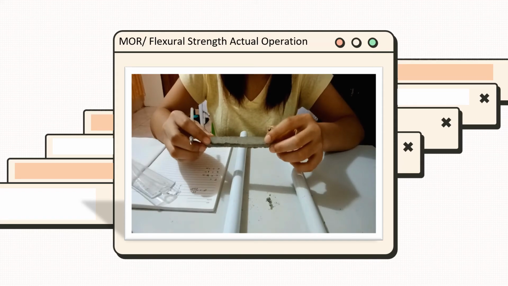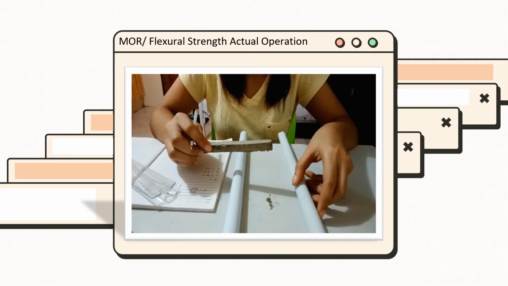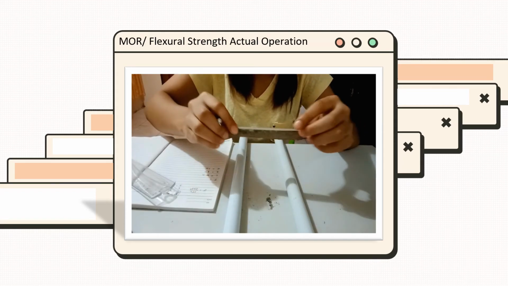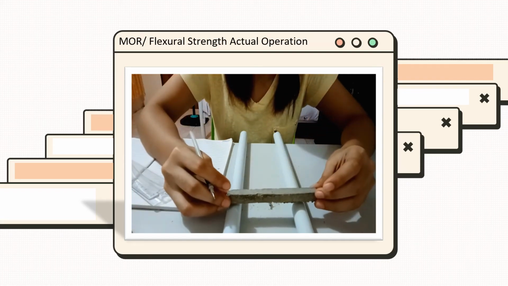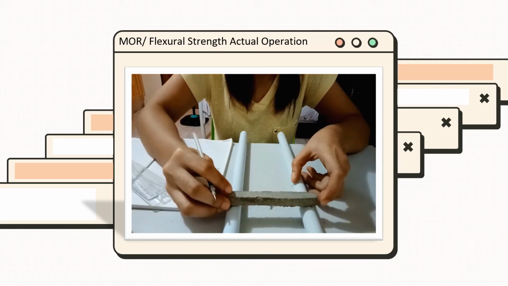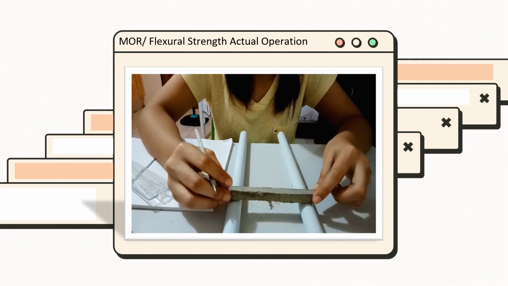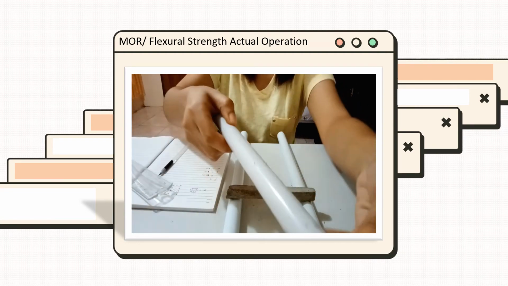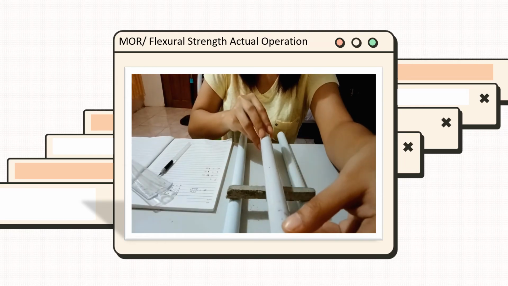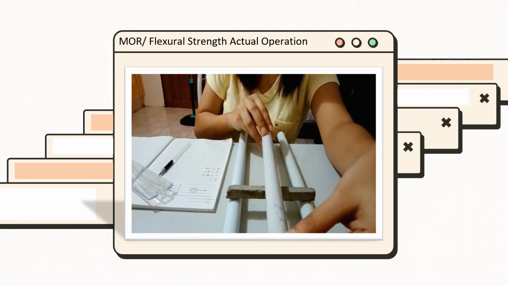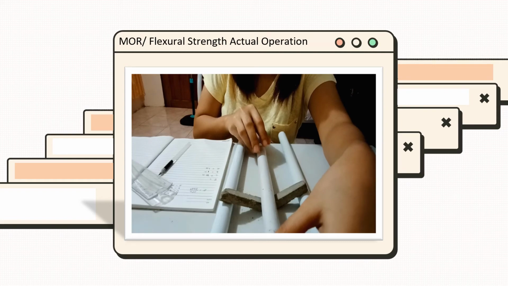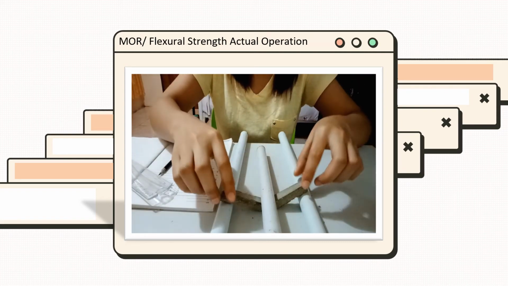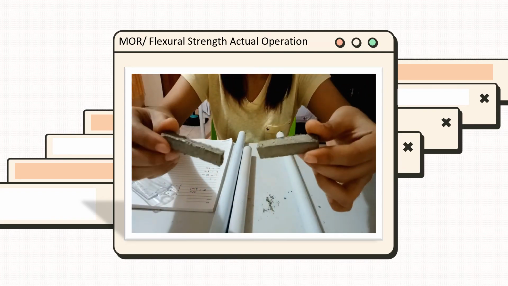So on these markings, we will put our aluminum rod. So that's it.